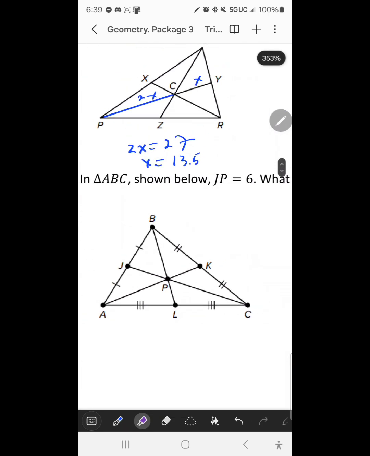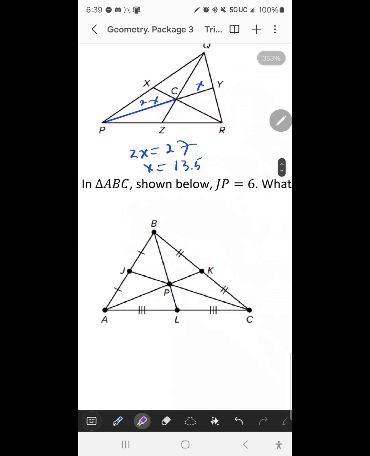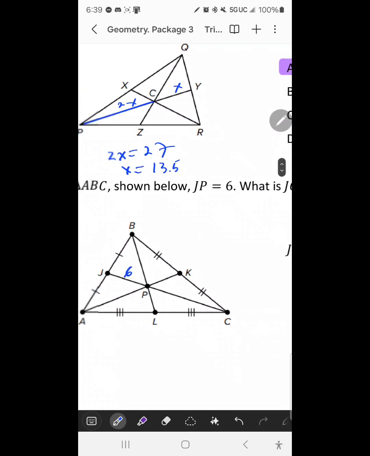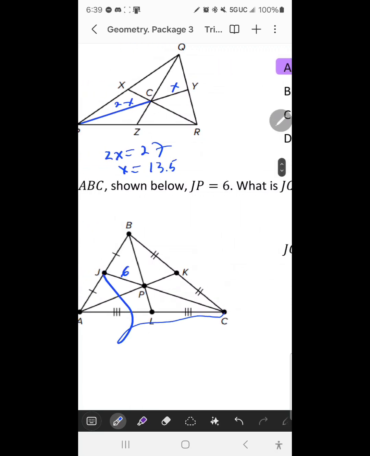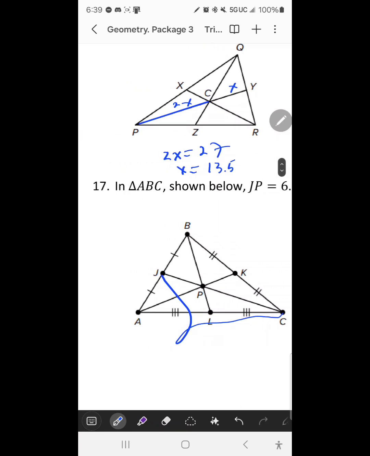Now in this case, triangle ABC, shown below, JP equals 6. What is JC? We're looking for the whole thing. This is also a centroid, because you can see this side is equal to this side, this side is equal to this side.